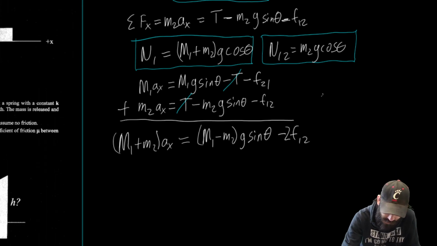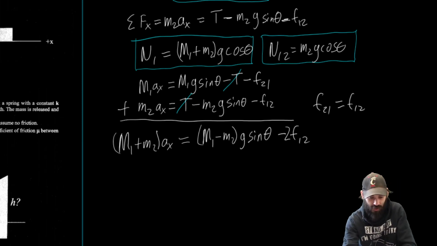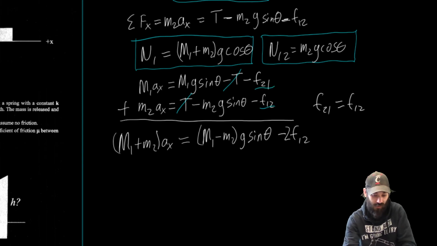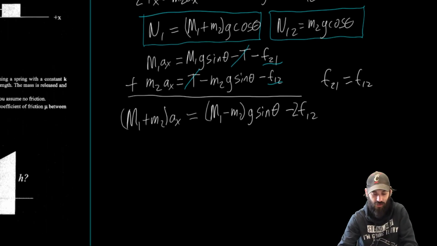Because as a magnitude, F21 is equal to F12, right? And so I just combined these two terms right here, because these are the same thing. But they're not canceling. We got double the friction here that's opposing this, which is kind of interesting.